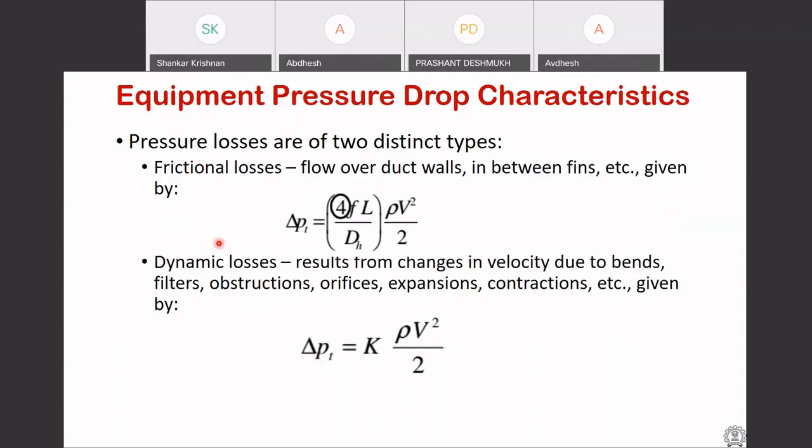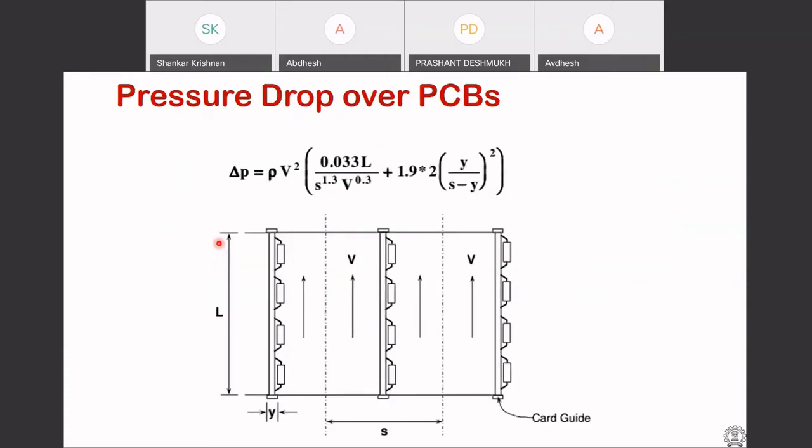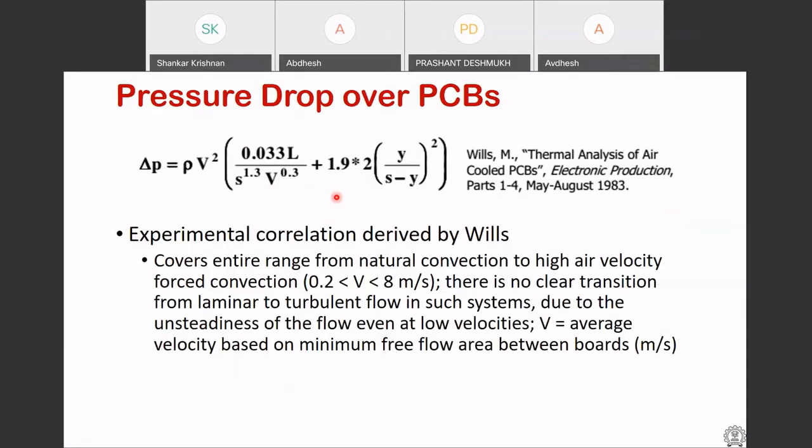They just give some rough order of magnitude rather than being accurate, because, as I mentioned, the geometric scales change from one motherboard to another. So there have been attempts to give some sort of correlation for pressure drop. However, those are not useful at all. They only give some guidelines of what could be happening.